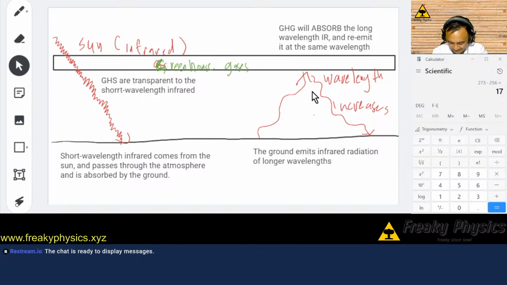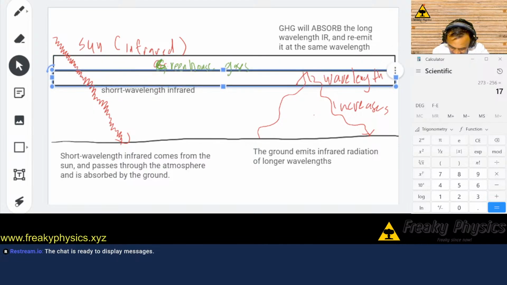But the problem now is that we are putting more and more greenhouse gases. We're making more reflectors, so to speak, right? So what do we write here?